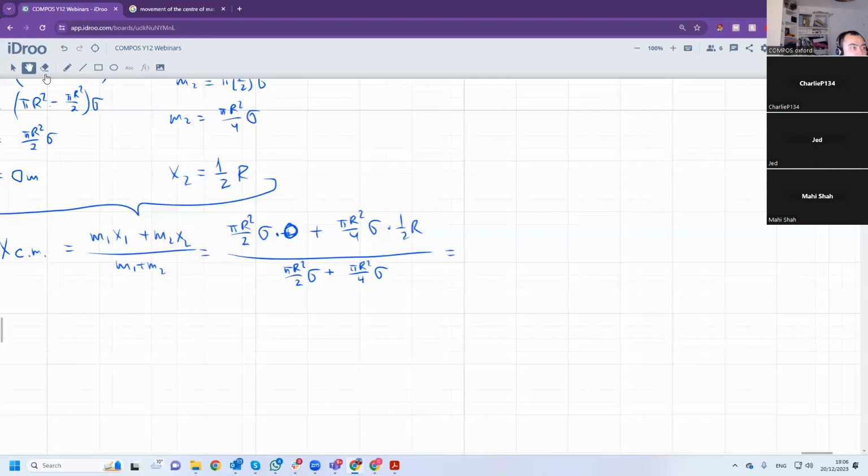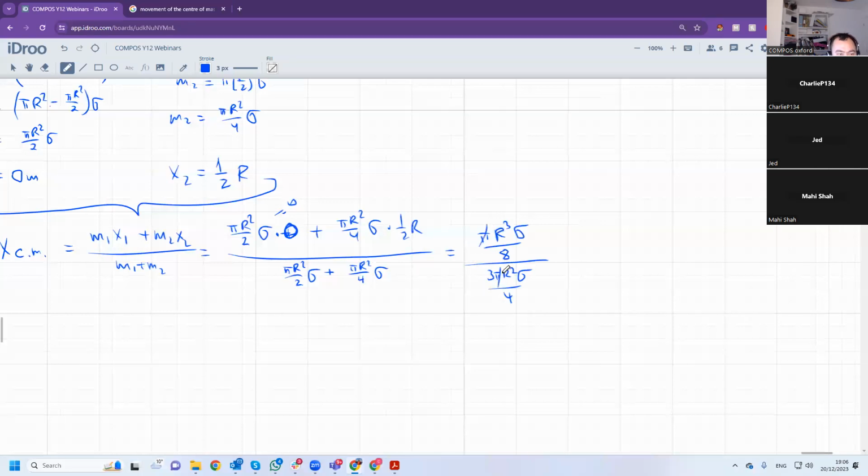Therefore, this is 0, so the numerator is pi r cubed sigma over 8. And the denominator is 3 pi r squared sigma over 4.